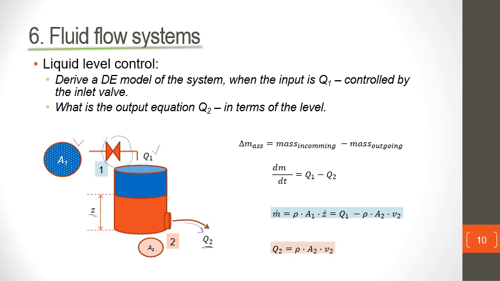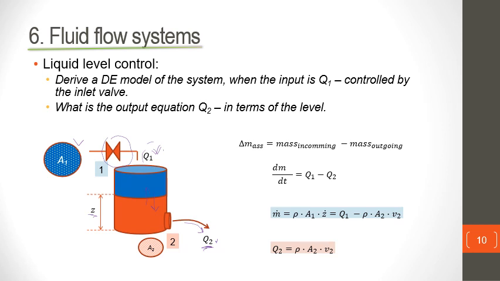If we increase the input flow rate Q1 so that Q1 is much bigger than Q2, we can intuitively tell that the height of the fluid in the tank will go high. If on the other hand we decrease Q1 so that Q1 is much smaller than Q2, eventually the fluid level will go down.